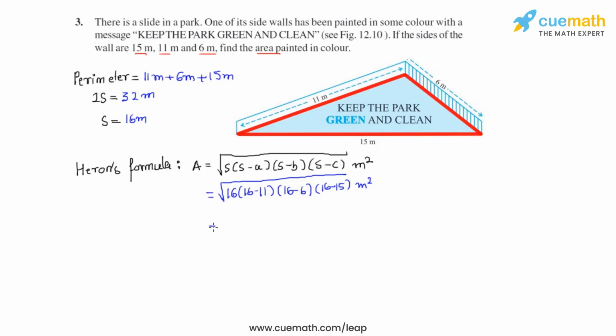So on further calculation, we get that as 16 times 5 times 10 times 1. So this gives us the area which is painted in color to be equal to 20 root 2 meter square. And that is the answer for this question.